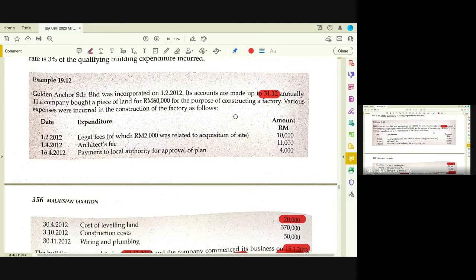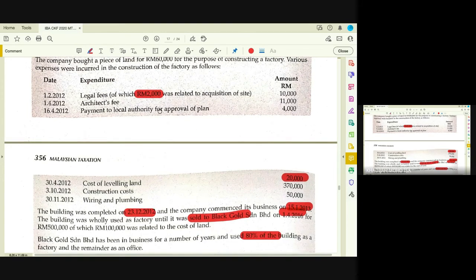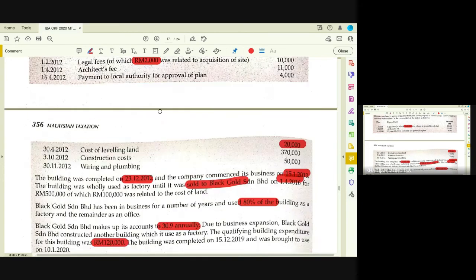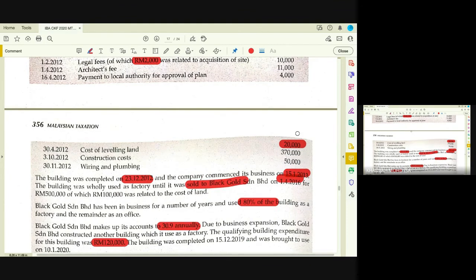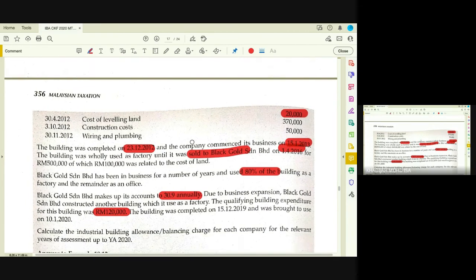So you have land of 60,000, and then you have legal fees, of which 2,000 related to the land. Then you have architect's fee of 11,000, local authority 4,000, cost of leveling of land. Again, for leveling of land, when there's no further information, it should not be regarded. Construction cost of 370,000 and wiring and plumbing of 50,000.